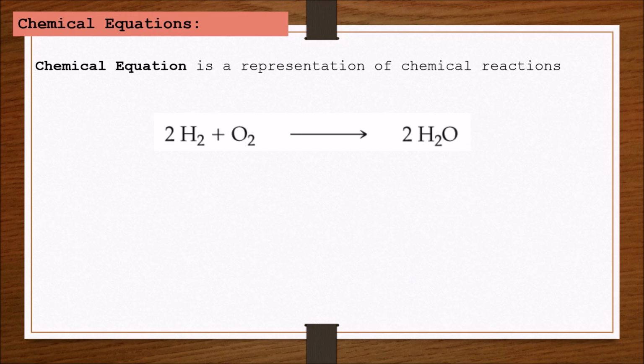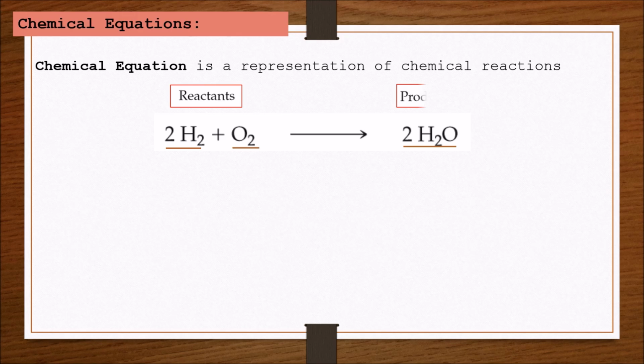What we basically do is write the certain element or compound on the left side, and then do the same on the right side, and then we join the two by putting an arrow between them.